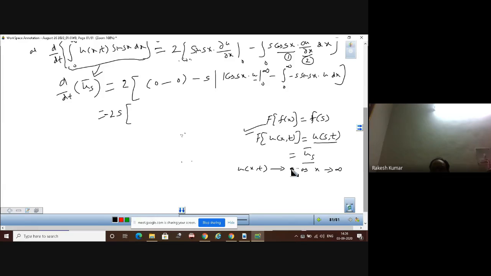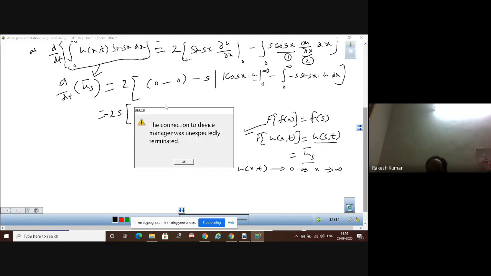Ultimately, for the upper limit infinity, the value will come out to be 0, and for lower limit 0, cos 0 will come out to be 1, and the value of u at x equal to 0 will be u(0,t).